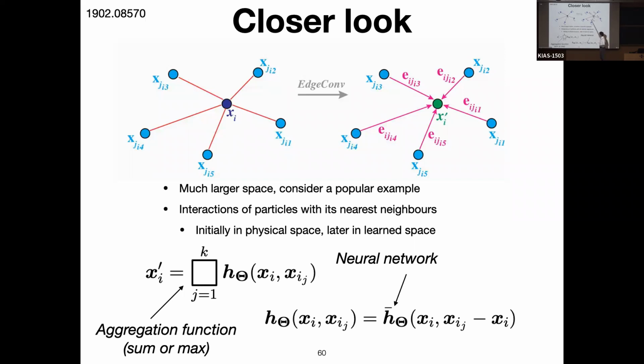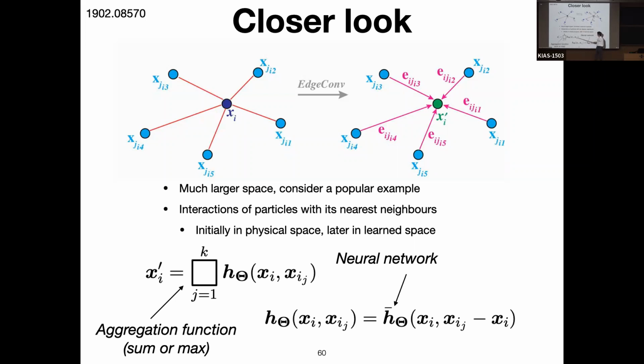And the edge operation consists of 2 steps. The first one, if you remember how the deep set architecture works, you can think of this as very similar to the deep set architecture. So we first have a network that takes as an input the central node, so the features of the node in the center, and the features of its neighbor.